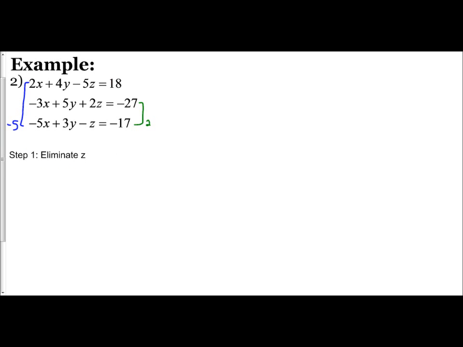And again, I'm going to try and color code my work so it's easier to follow. So when I match up the top equation of 2x plus 4y minus 5z equals 18, and the bottom equation of negative 5x plus 3y minus z equals negative 17, I said I'm going to multiply to eliminate a negative 5z here, multiply the bottom equation by a negative 5 to create a positive 5z.